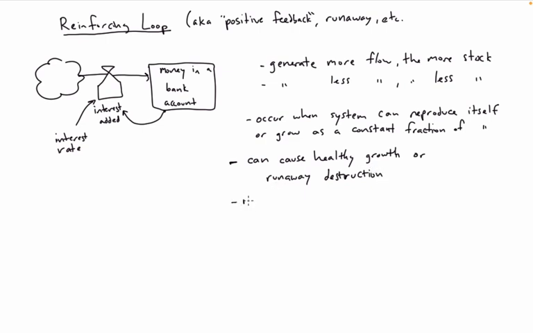And mathematically, the result of the reinforcing loop is exponential change. So over time, if this is the amount of the stock, it's not just a straight increase over time. It tends to curve up or curve down.